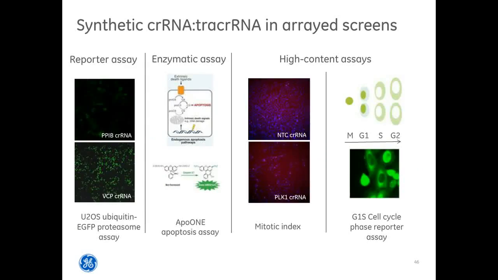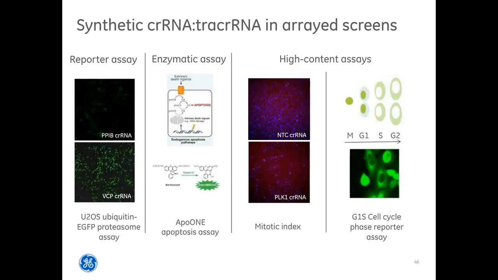So what I've shown you so far today are a variety of phenotypic assays that have been successfully applied with arrayed synthetic CRISPR screening. The proteasome reporter assay, the APO1 enzymatic assay, and then two different high-content assays, one with that antibody for phosphorylated histone H3, and one with that EGFP translocation reporter cell line.